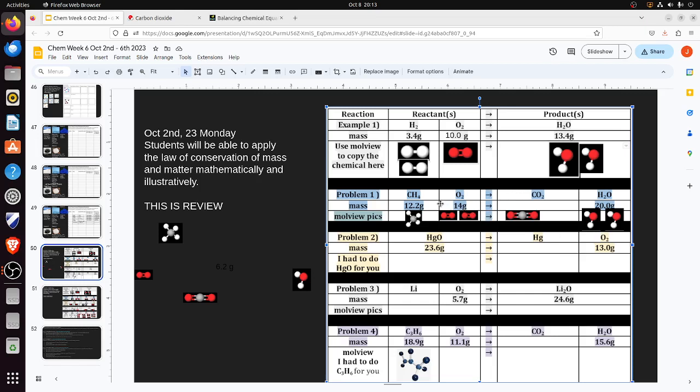But what about the mass part? So we have 20 over here, but we're missing the mass of CO2. 10 plus 14 is 24. 24 plus 2.2 is 26.2. That's all of this together is 26.2. So what's 26.2 minus 20?